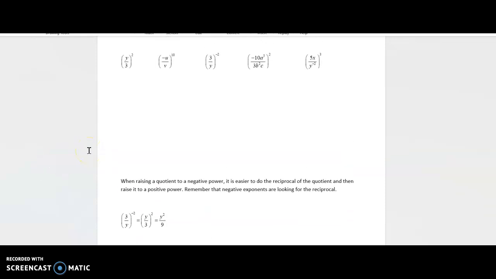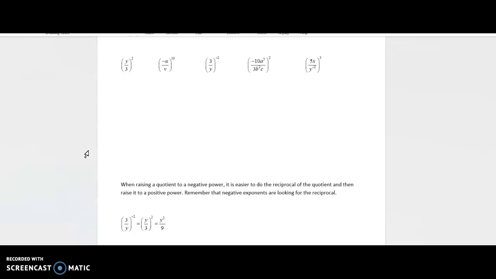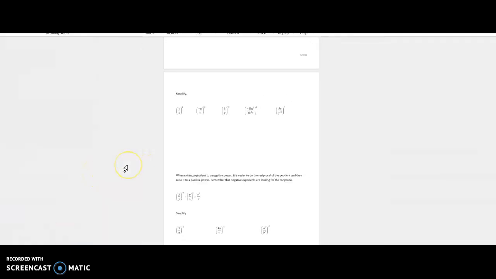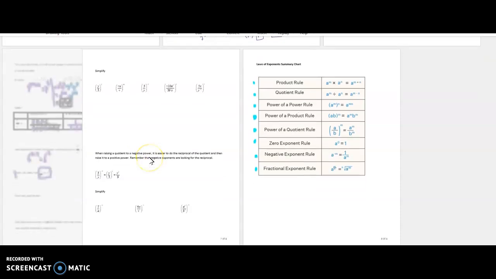You can pause the video now, try them, and then I'll reveal the answers at the end of the video and you can check them there. Make sure you write down questions and make sure you contact me if you have anything that you'd like to go over. Thanks. So pause that video now and make sure that you're trying those examples on page 7.